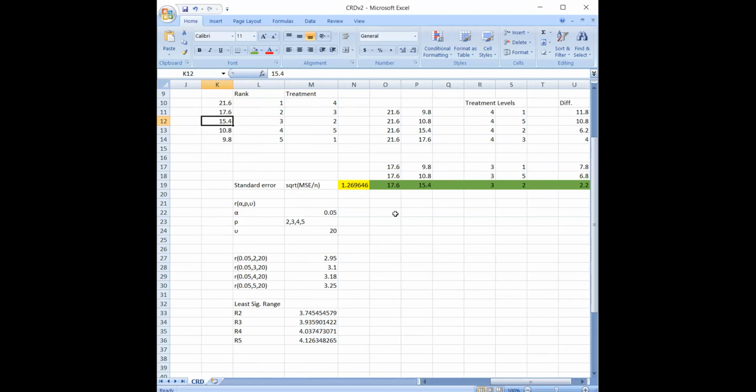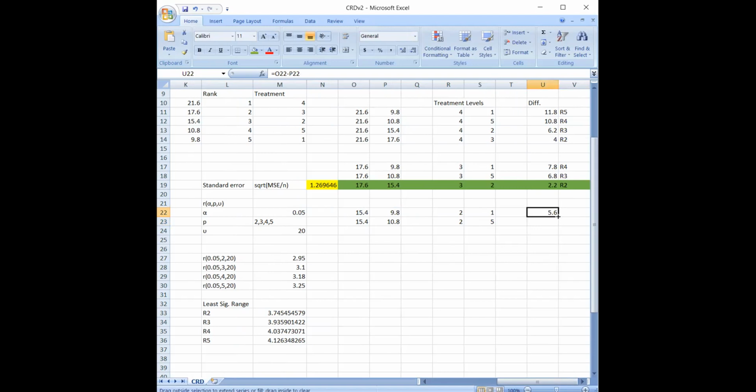So you take 15.4 with the smallest, 9.8, and then 15.4 compared with 10.8. 15.4 is coming from treatment 2, 9.8 is coming from treatment 1, and 10.8 is coming from treatment 5. First you calculate the difference between the means. So these are the differences between the means, right?